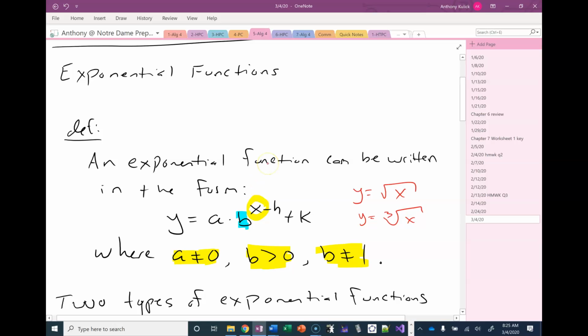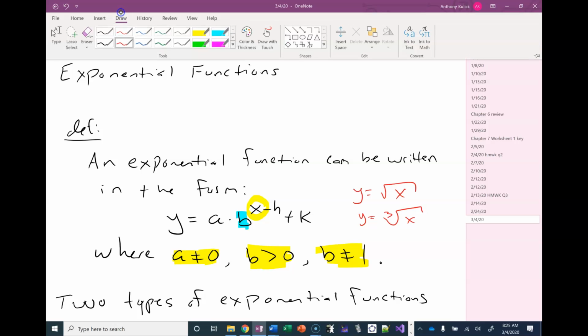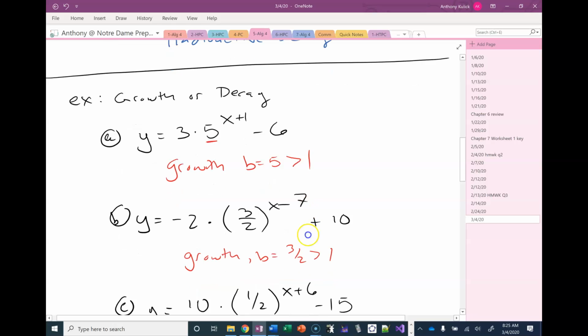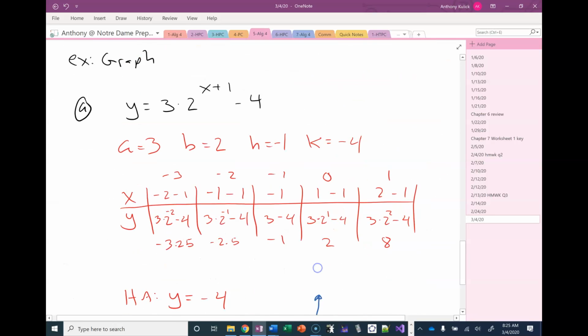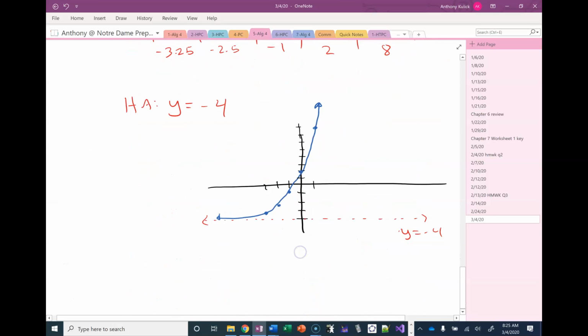So in this case, if that value of b is positive, are there any restrictions on that? No, I can pick any x I want, right? So what that tells me is when I'm drawing my graph for my exponential function, I'm always going to have arrows at both ends of my graph.